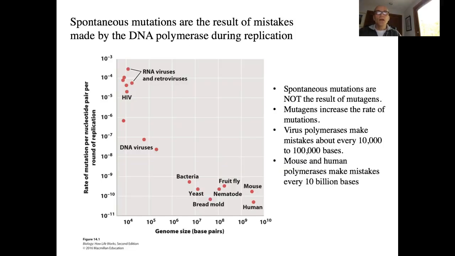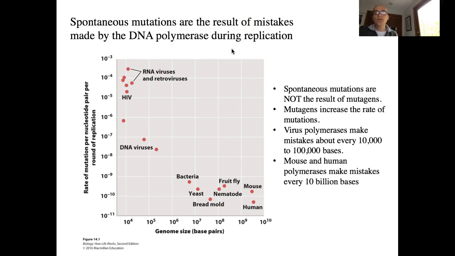All right, so your book starts with these two graphs, and I want to talk a little bit about them. They're interesting. They're a little bit confusing in some ways, but I think your book also describes quite well in the text what to make of these graphs. So spontaneous mutations are the results of mistakes made by the DNA polymerase during the DNA replication process.